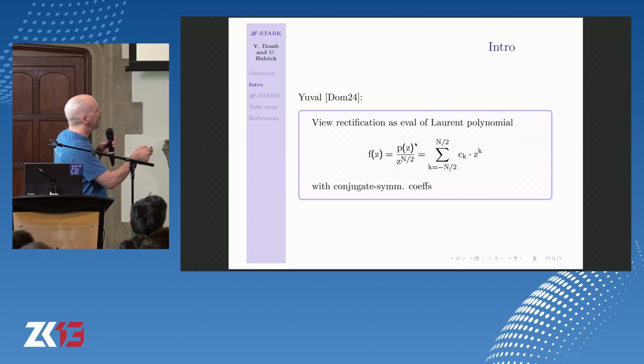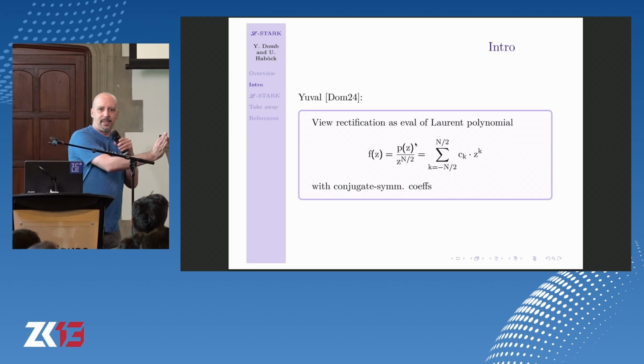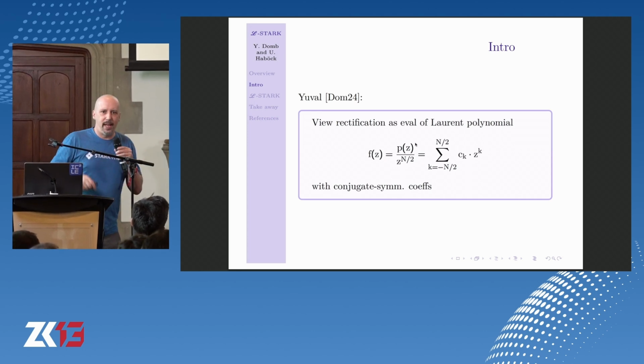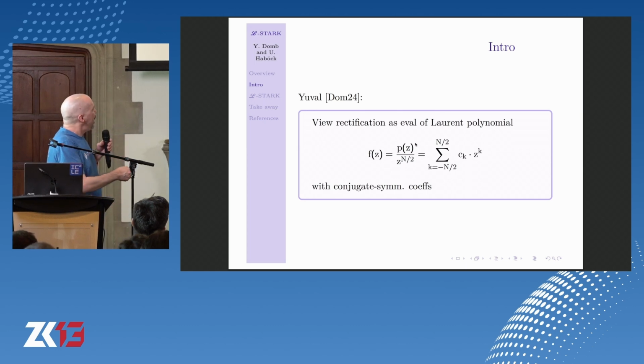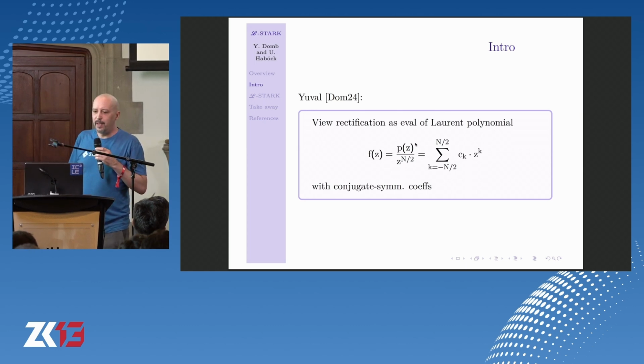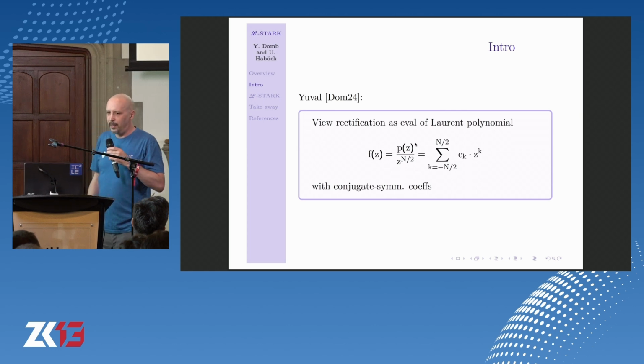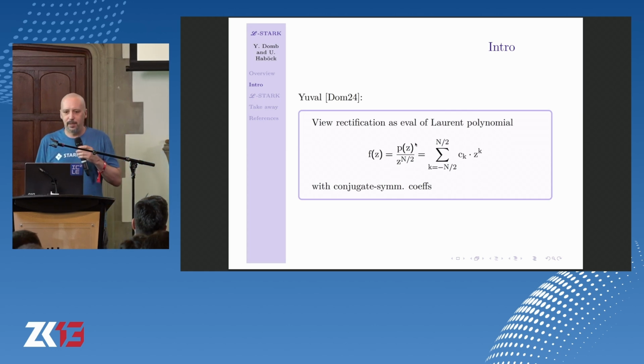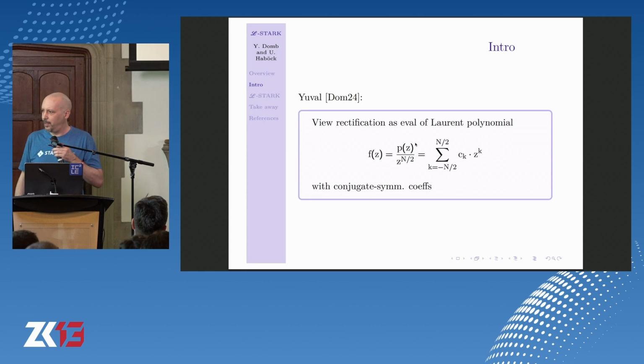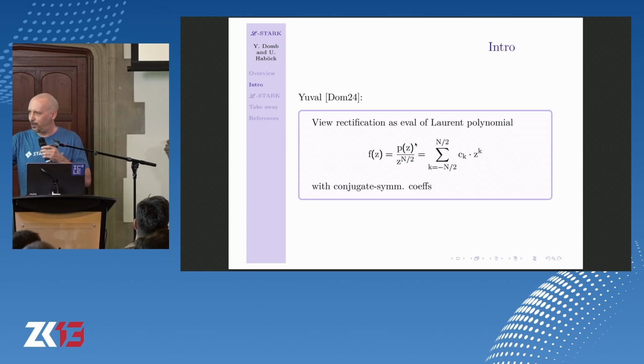Let's say a Laurent polynomial of degree n goes from z to the n minus n over 2, which is the highest negative power, to z to the n plus n over 2. Yeah, just view it as Laurent polynomials. And that's what the Laurent STARK is about. And it's now time for your show.